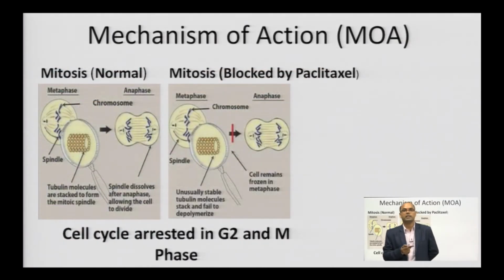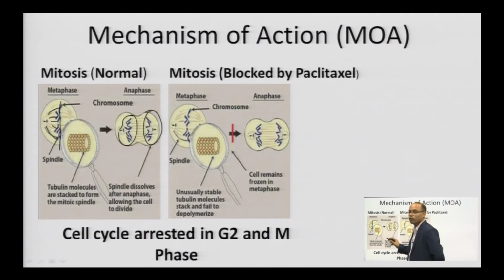If we look at the mechanism of action, since the phytoconstituent is anti-cancer, it should show some anti-cancer actions. This is the normal mitosis process where in metaphase the chromosomes are arranged at the center, and through the spindles from the poles, these chromosomes are divided into two parts.